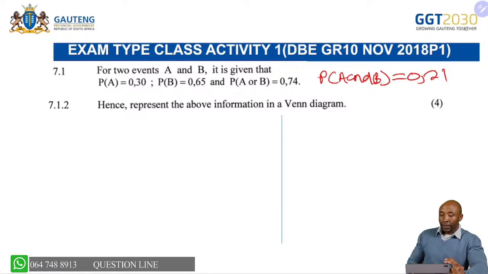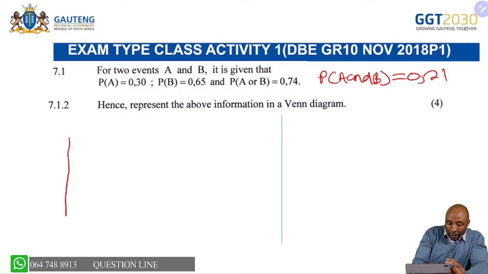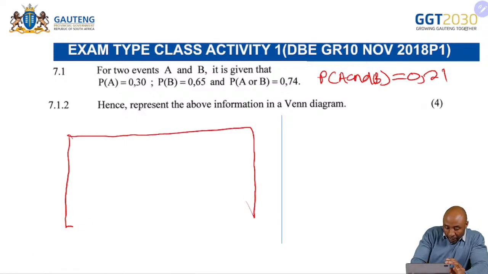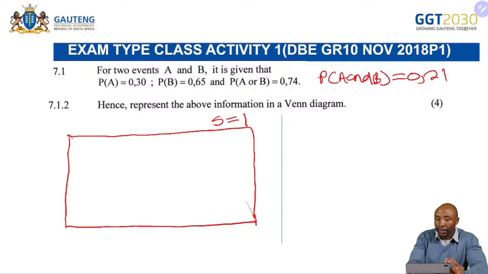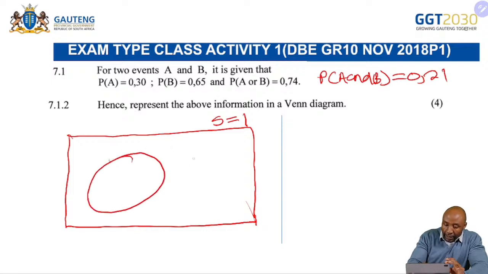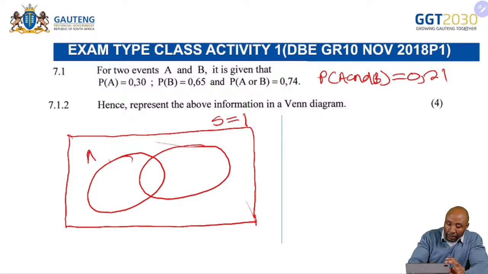So let's check. I will draw my rectangle and I will write my sample space is 1 because I'm dealing with probabilities. And if you check, there is an intersection, so my events A and B must overlap.